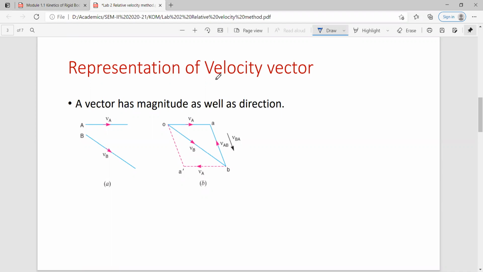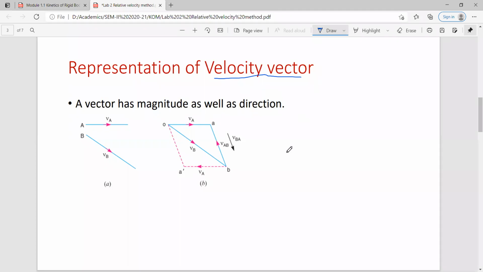As we are dealing with velocity, remember that velocity is a vector quantity, not a scalar quantity. A vector quantity has both magnitude as well as direction.